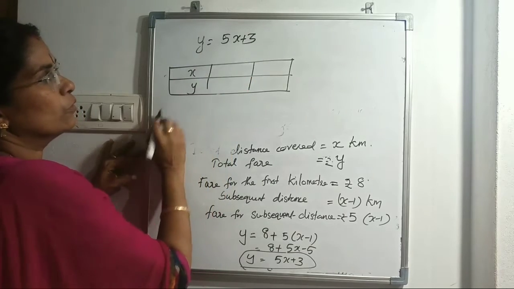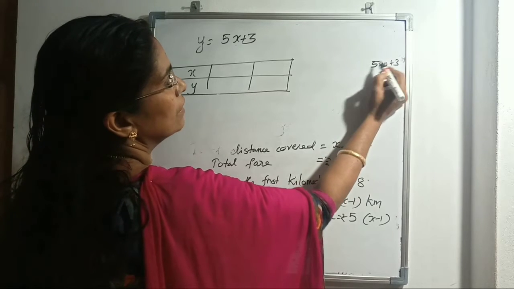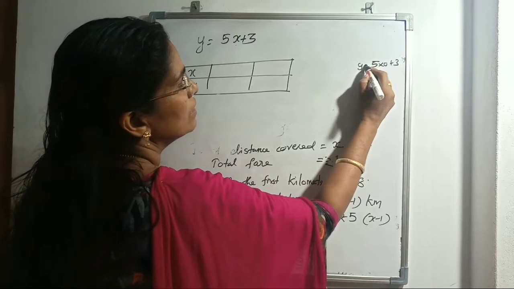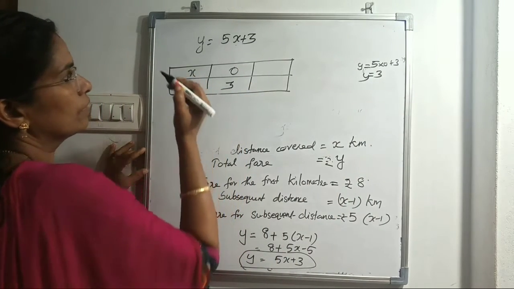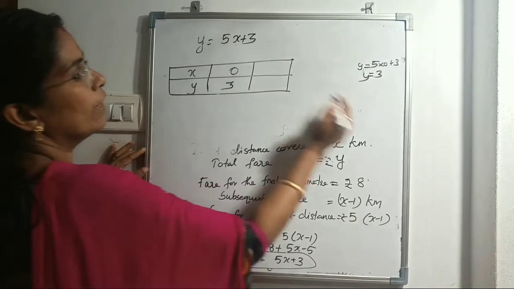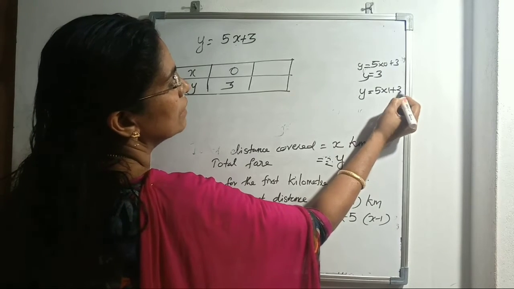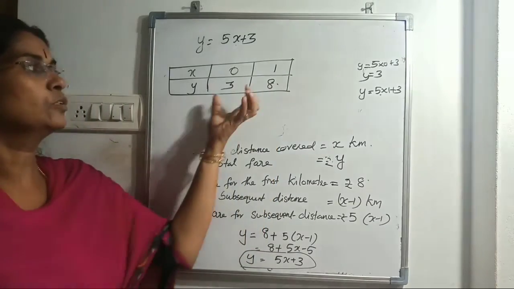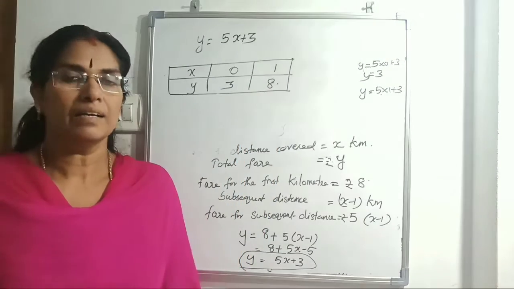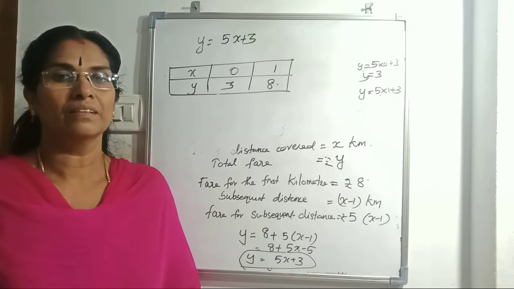Substitute x equal to 0: 5 into 0 plus 3, so y is equal to 3. So 0, 3. Now x equal to 1: y is 5 into 1 plus 3, 5 plus 3 is 8. These 2 points we can plot in the graph. Clear how we are drawing this?